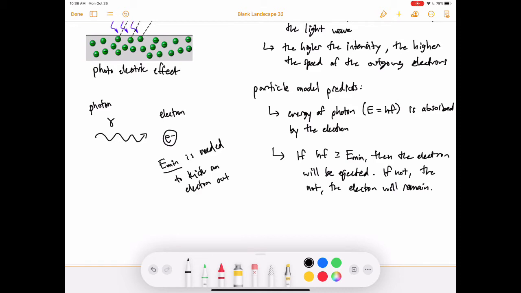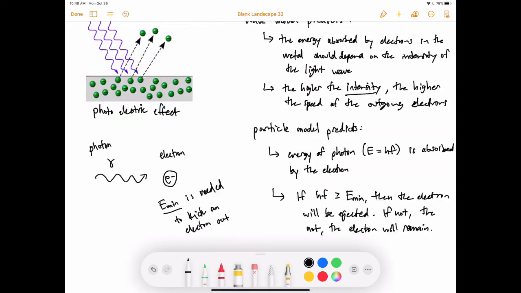If it has an energy lower than that, then it won't. And since the energy of the photon just depends on the frequency f, if the frequency is too low, we won't be able to kick electrons out. But if the frequency is high enough, then we will be able to.